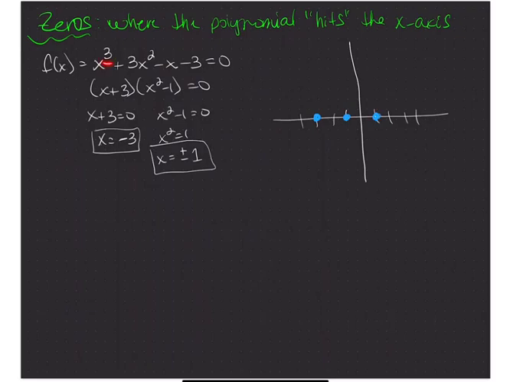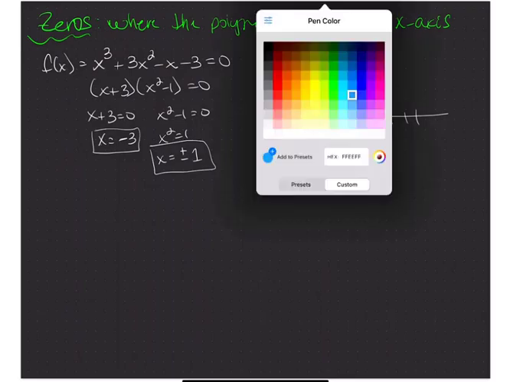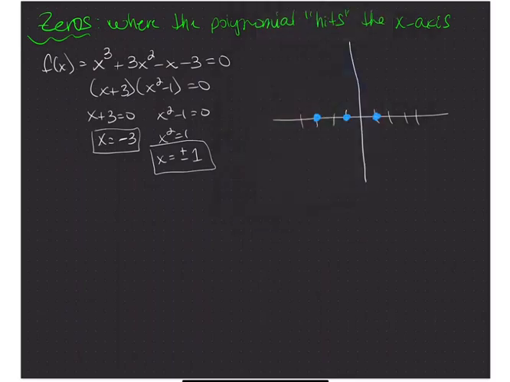I am a third degree polynomial, so I know my ends are going to go in opposite directions, and my leading coefficient is positive, so I know that I'm going to end going up, which means my left has got to fall. So just doing a generic graph, I know then that I've got to come up and hit there.